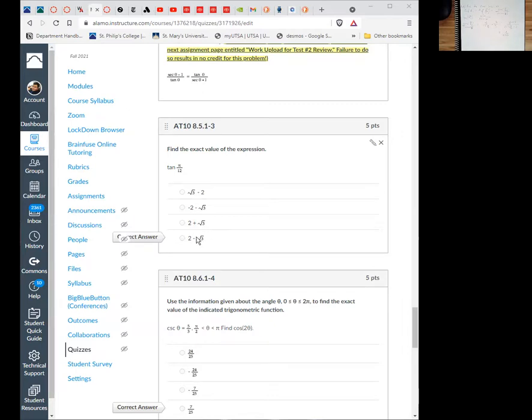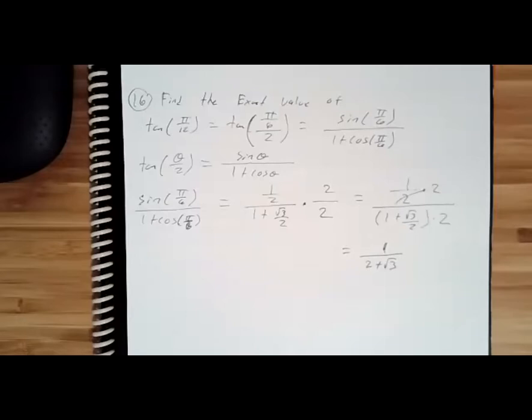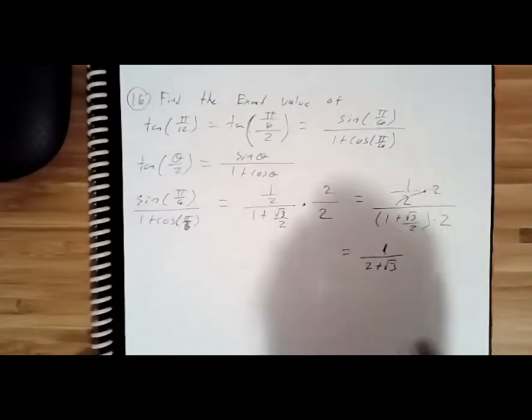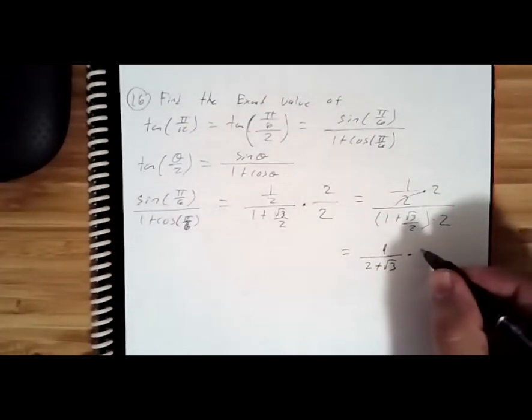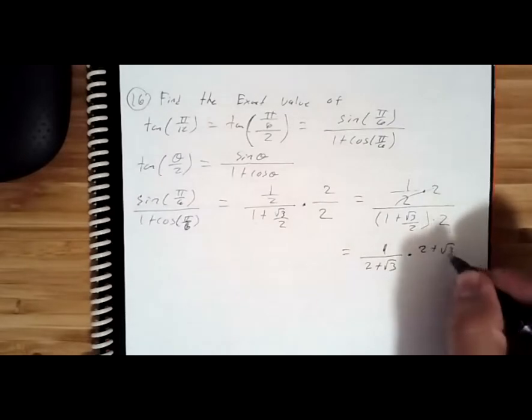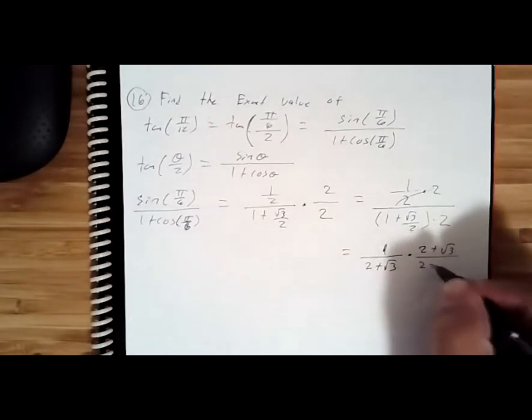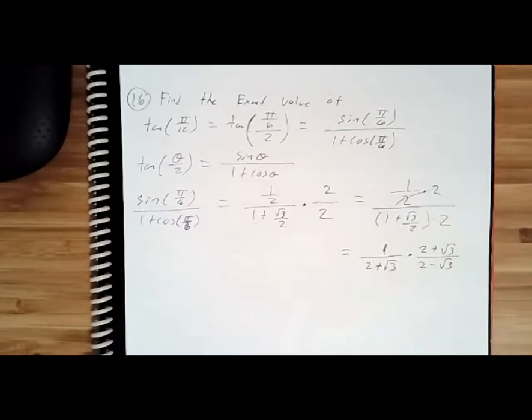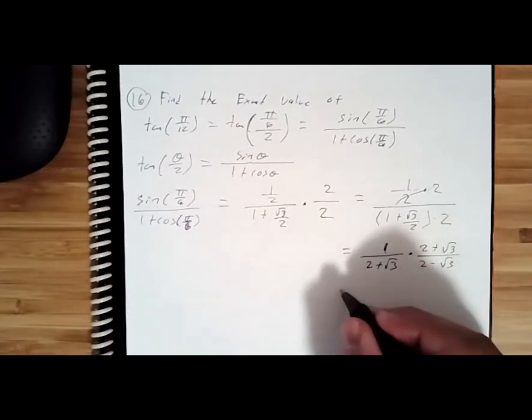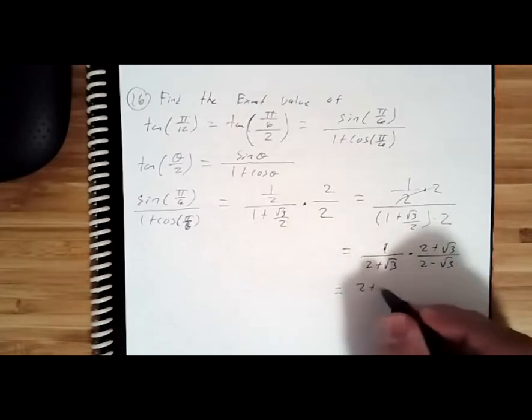We are going to have to rationalize to pick the correct answer, because right now we have a square root on the bottom. So you multiply the top and bottom by the conjugate in order to cancel this kind of radical. The top part will be 2 minus root 3.